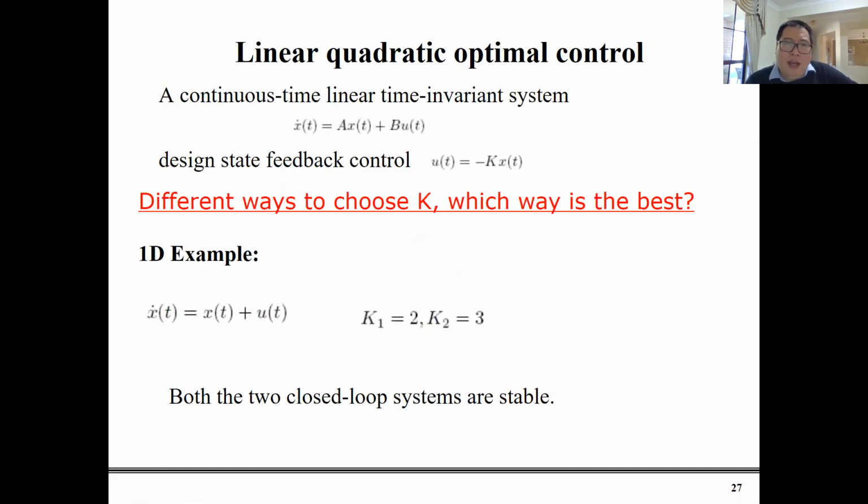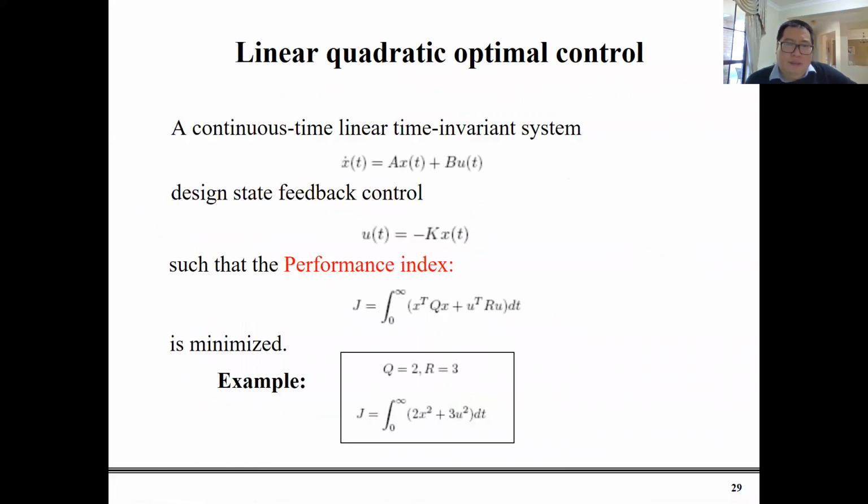Then after that, we introduced the linear quadratic optimum control, or just call it optimum control. Why we introduce that is, when you do the pole placement, you can have multiple choices of K to make the state feedback control system stable.